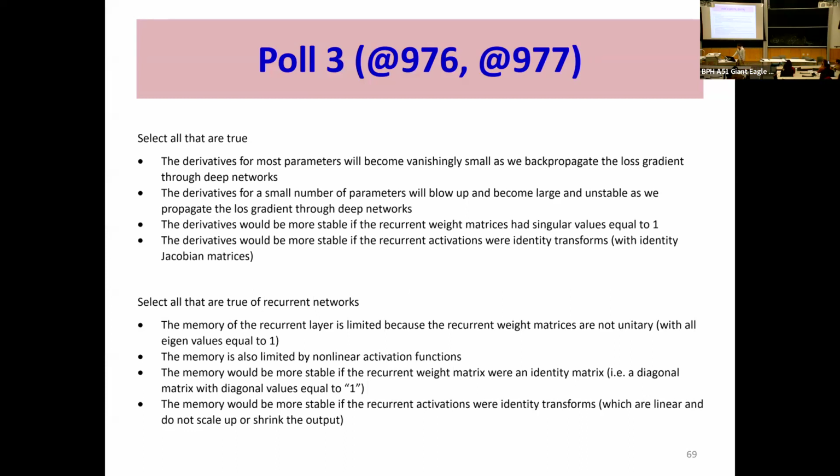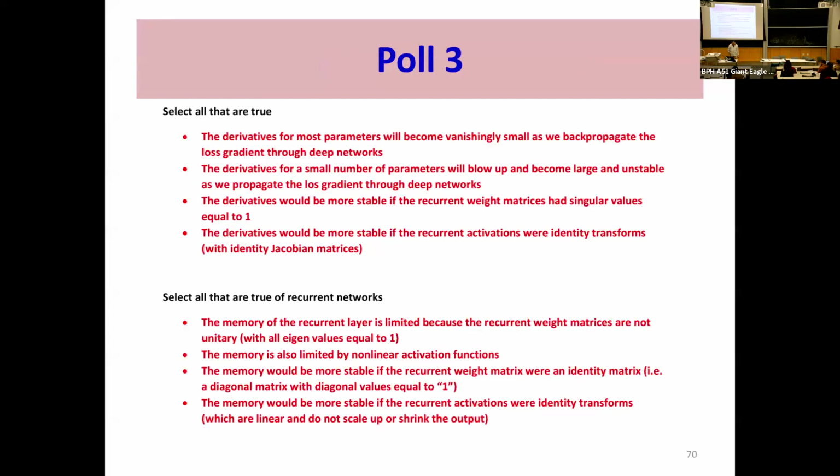So the memory of recurrent layers is limited because the recurrent weight matrices do not have all eigenvalues equal to 1. They're also limited because of the nonlinear activation functions. And so the memory would be more stable if all the weight matrices had all eigenvalues equal to 1. It could be more stable if the activation functions were identity transforms. Everybody agree with all of these statements?